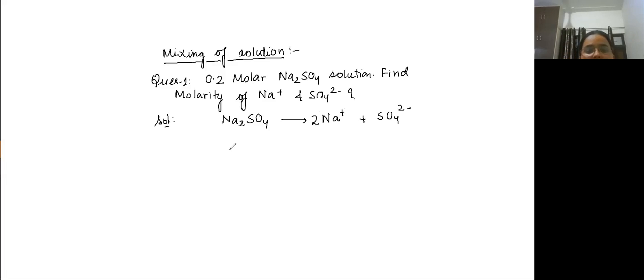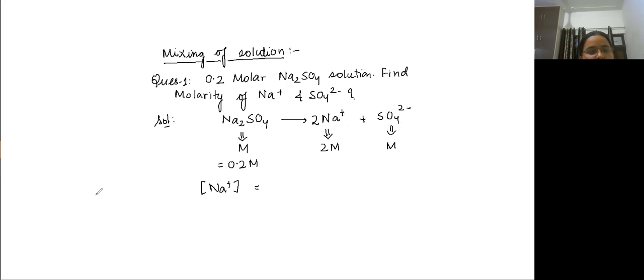If molarity of Na2SO4 is M, let us say this is M. So what will be the molarity of Na plus and what will be SO4 2 minus? Correct. Na plus will be 2M, SO4 2 minus will be M. So Na2SO4 is 0.2 molar. We write down molarity with square brackets.